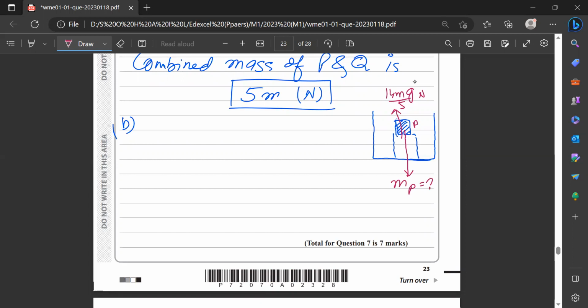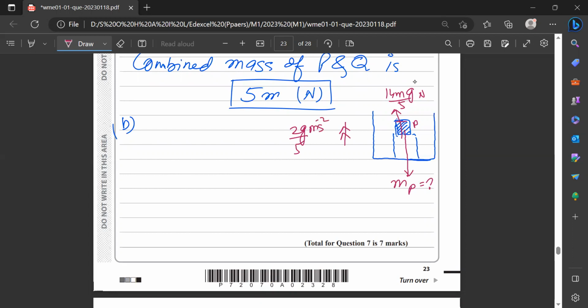The question is: find in terms of m the mass of P. So the whole situation was moving up and the acceleration was 2g over 5 meters per second squared.